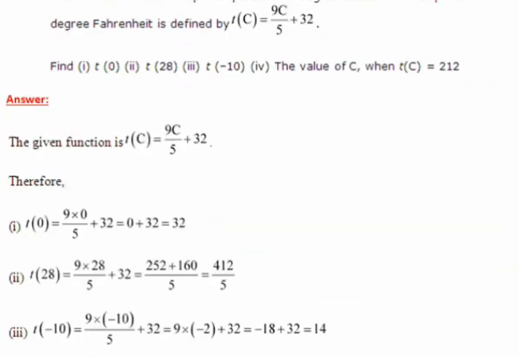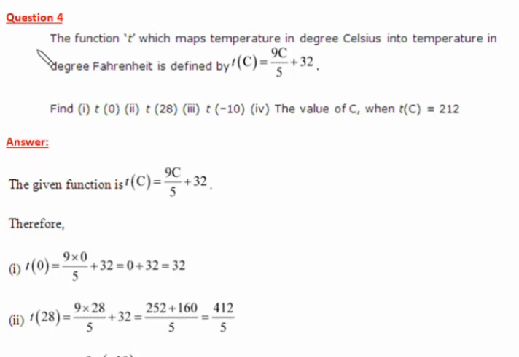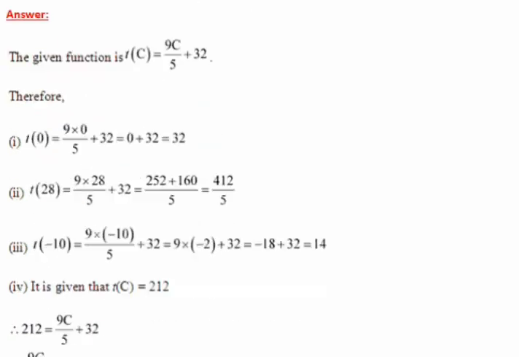Now see the next question. The function t, which maps temperature in degrees Celsius into temperature in degrees Fahrenheit, is defined. So we find t(0), t(28), t(-10), and the value of c when t(c) is equal to 212. For the first three questions, we put c equal to 0, c equal to 28 and c equal to minus 10, and we get the result.